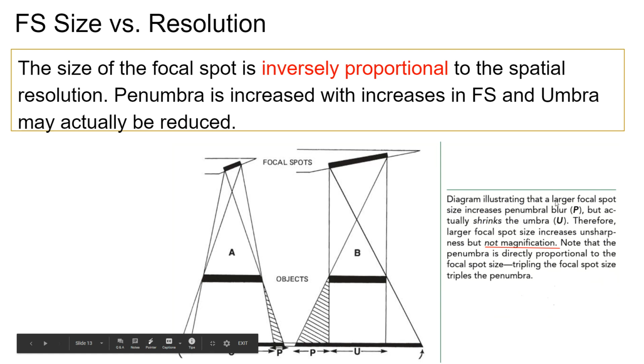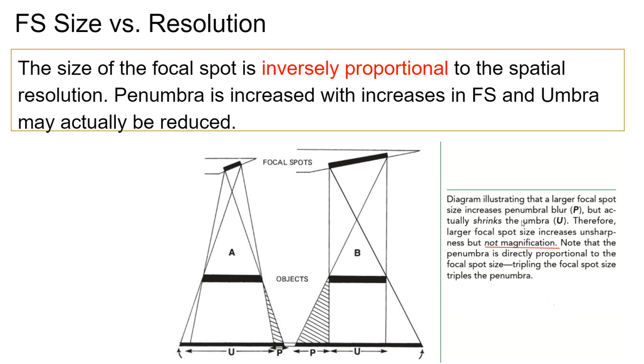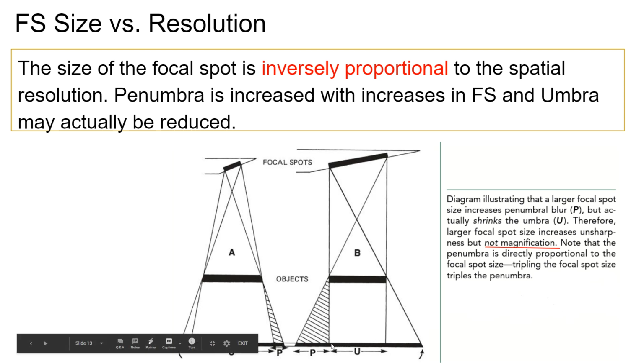But the actual umbra shrinks. That means you have more penumbra and less umbra, right? So our U here is smaller on the right side versus the left side. And this is all because of the focal spot, right, which is down here.